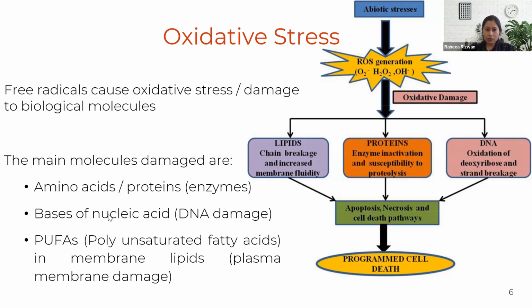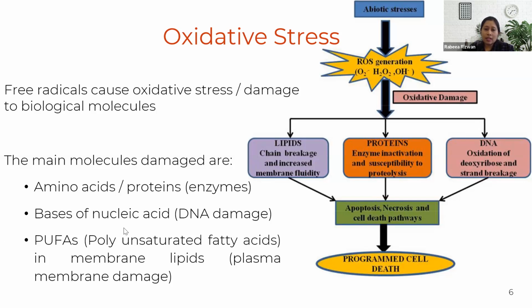Another example is damage to proteins, the amino acids, like the enzymes, affecting the functions of our body. For example, enzymes function to produce proteins or muscles, or take part in digestion. But when the enzymes are affected, that particular function will stop.